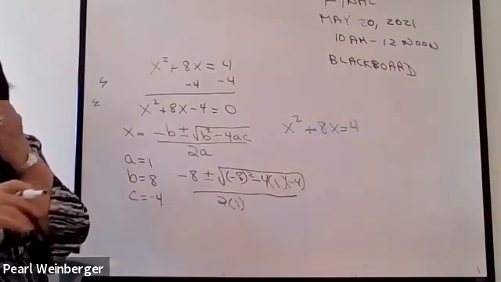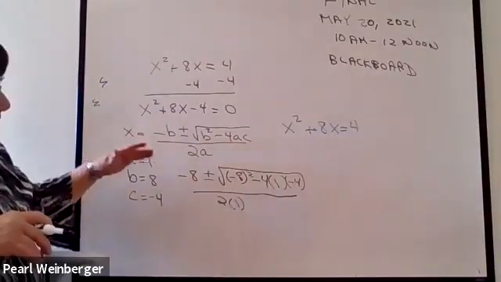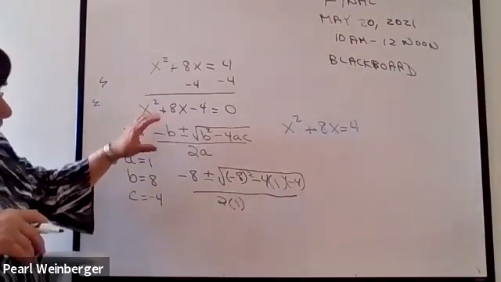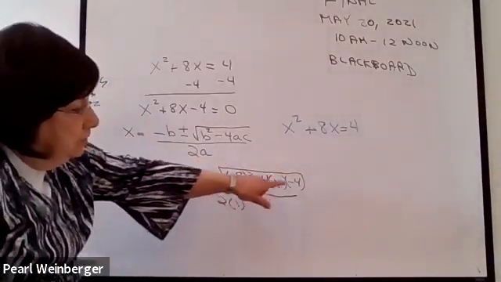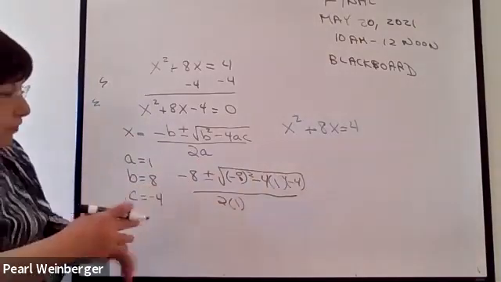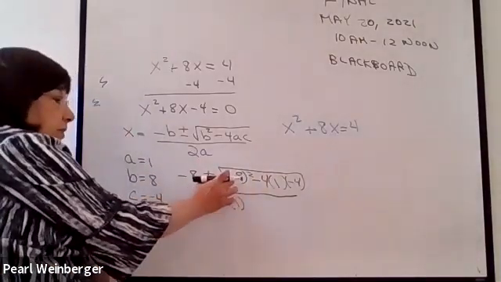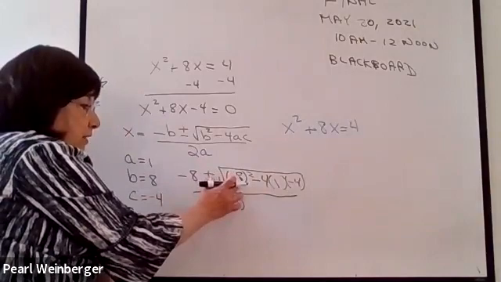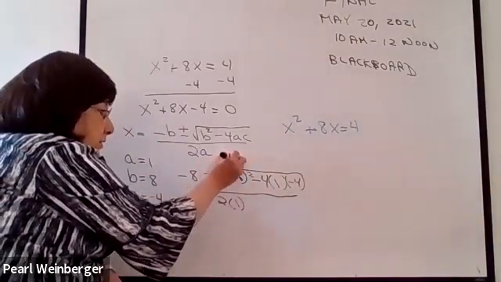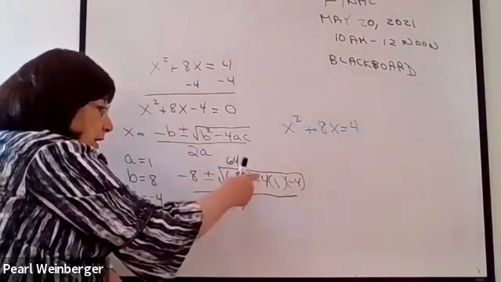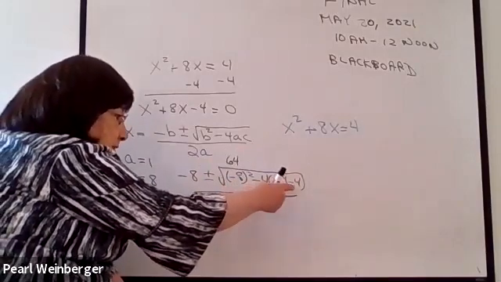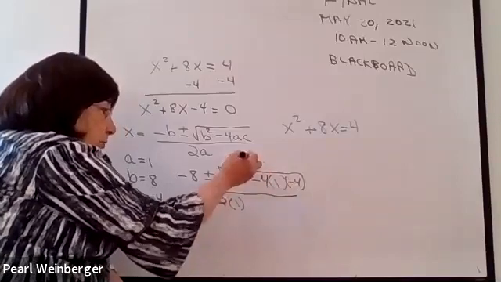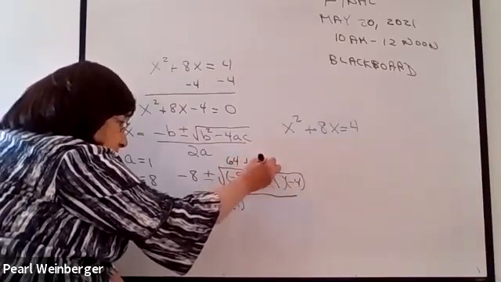Okay, so I just stick in the numbers. I write down what the a, the b, and the c is, and I stick in the numbers. Now, the big thing is to make sure the number inside the radical is simplified. So this is negative 8 squared, so negative 8 times negative 8 is positive 64. Negative 4 times 1 is negative 4, times negative 4 is positive 16.